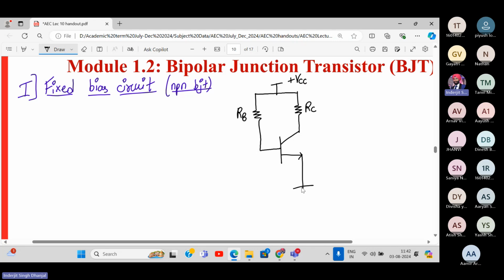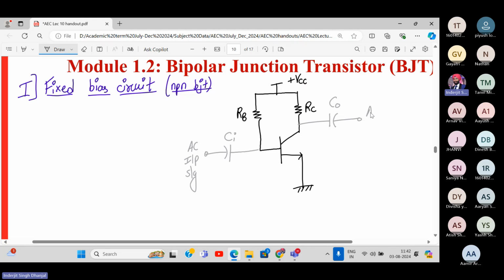And this will go to ground. Now, when we use this for amplifier purposes, there are some additional connections shown. Here there will be a capacitor and here there will be a capacitor. Right now, it's not a concern, that's why I've drawn it in a different color. This is the input coupling capacitor. This is the output coupling capacitor. This is my AC input signal, which we apply with respect to ground.